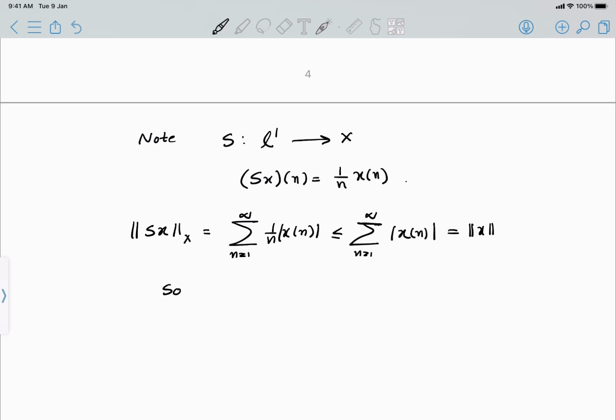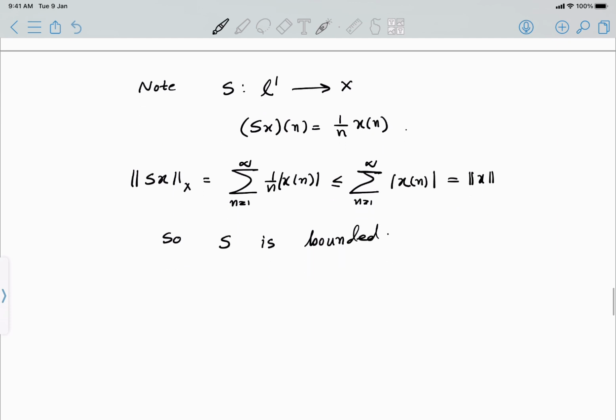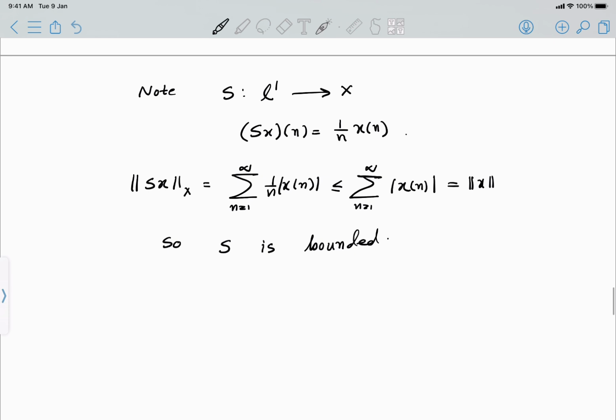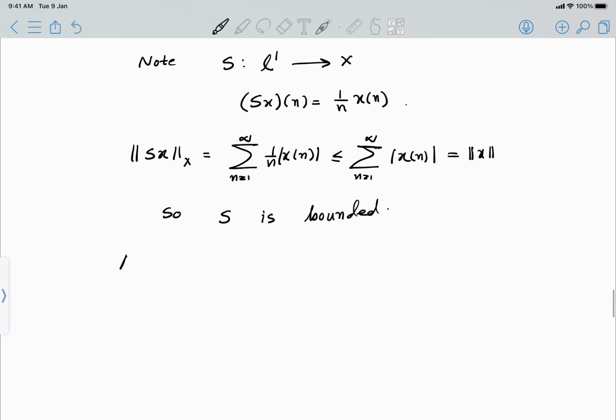So which implies S is bounded. So S is a bounded operator, and S is also 1-1 and onto, because T is bijective also.